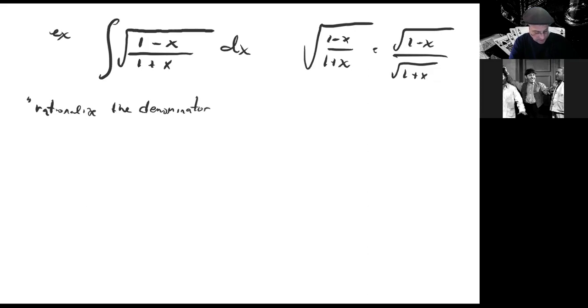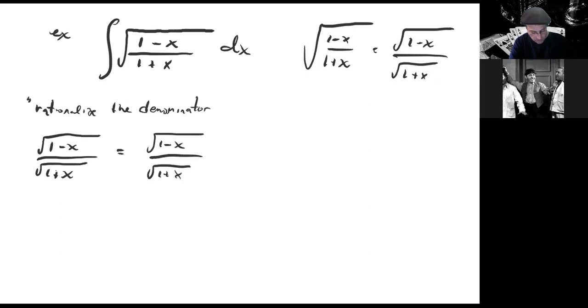What I mean by that is the square root of 1 minus x over the square root of 1 plus x is equal to itself times the number 1 written out in the following funny way, square root of 1 plus x over the square root of 1 plus x. If I do that, what happens?